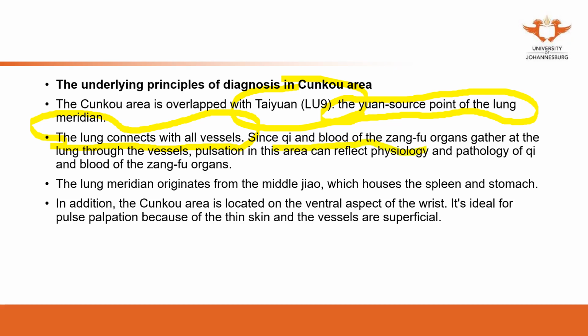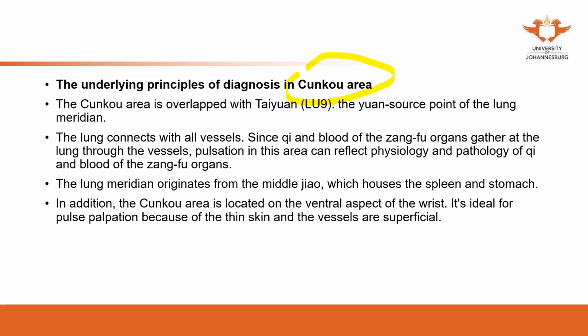And qi and blood are also related to the lung through the vessels and meridians. The lung meridian originates from the middle jiao. The qi and blood in the lung meridian also come from the middle jiao. So you can see all these reasons make the lung meridian closely related to the 脏腑 organs, specifically in the 寸口 area, which can reflect the whole body condition.